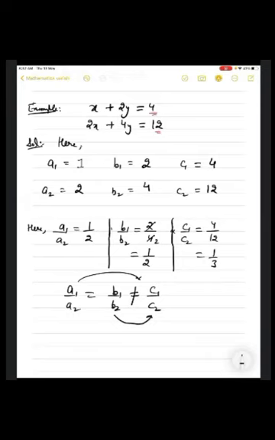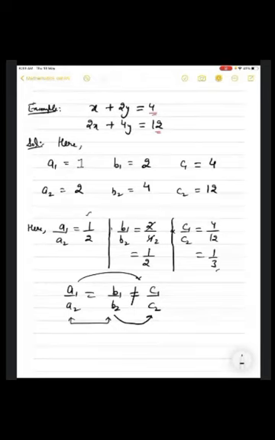So in this condition you can clearly see that A1 upon A2 is not equal to C1 upon C2. See, A1 upon A2 is 1 by 2 but C1 upon C2 is 1 by 3. So they aren't equal. What about B1 upon B2? B1 upon B2 is not equal to C1 upon C2. But A1 upon A2 is equal to B1 upon B2. So this is called the condition of parallel equations.